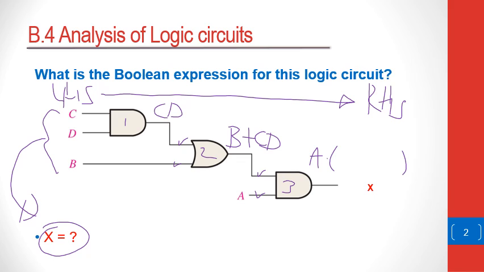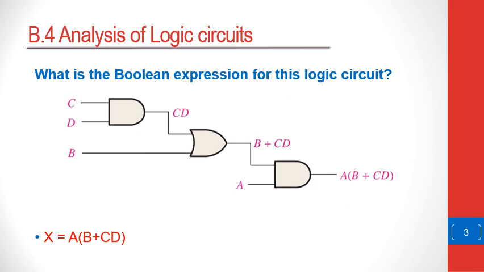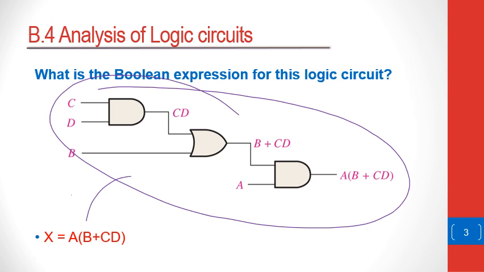So this is going to be B or C, D. Then we have our expression here, X is equal to A, B, or C, D. And so in full, you have this logic circuit translated to this expression.